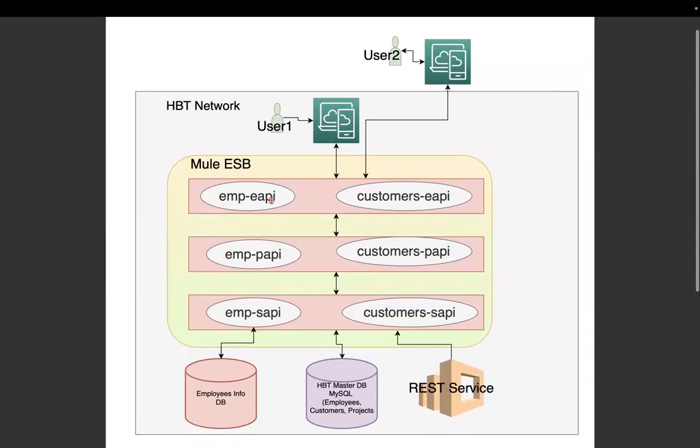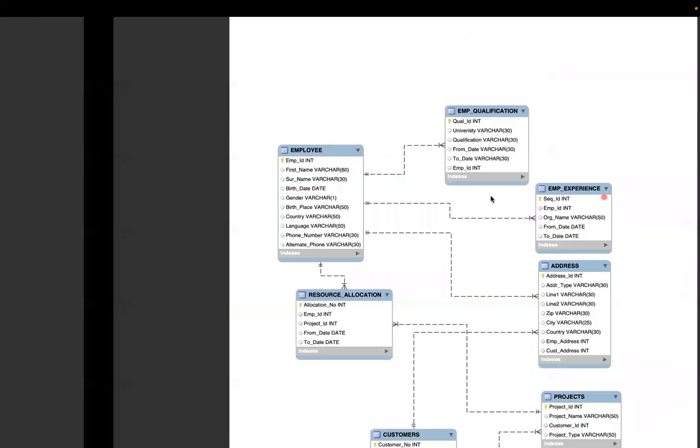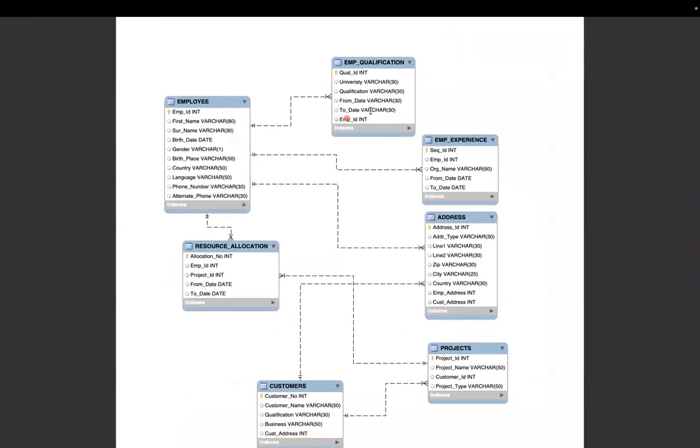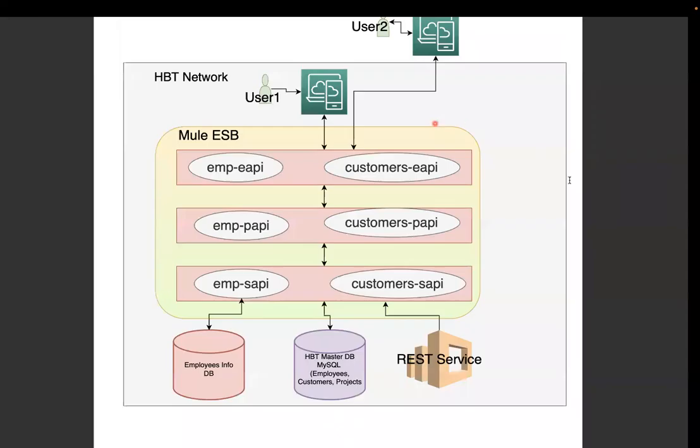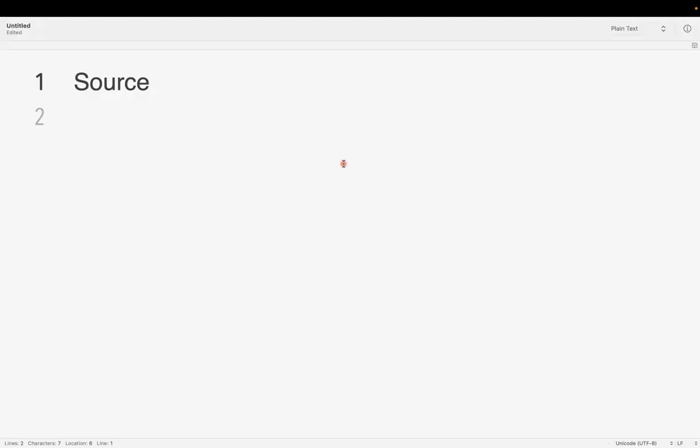As of now, I have listed only the employees API and customers API. Likewise, we are going to create all the required APIs that we have discussed as the data model. So this is about our network model and data model that we are going to develop in the real-time project.